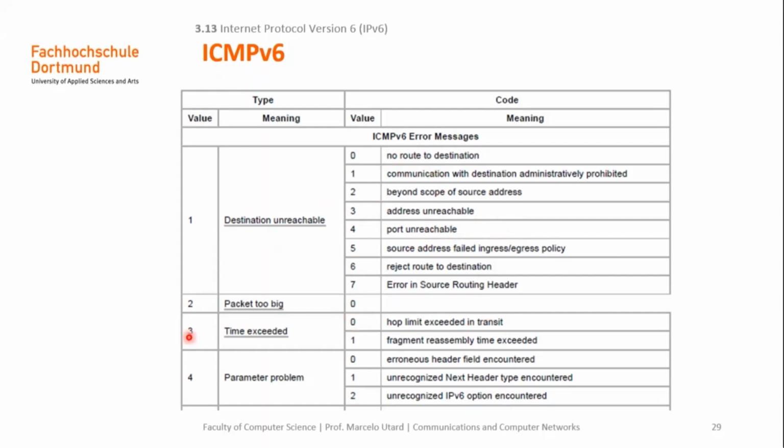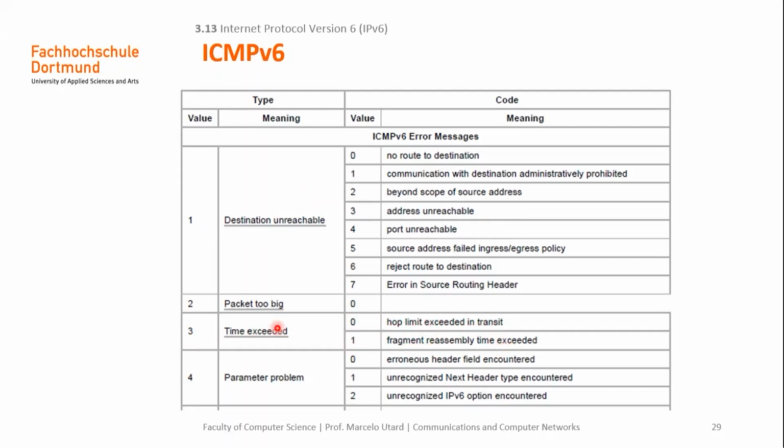The type 3, time exceeded, is very similar to that used in IP version 4. That is hop limit, like time to live in the previous IP version 4, hop limit exceeded in transit, or fragment reassembly time exceeded.